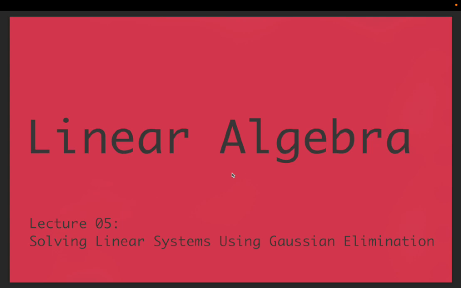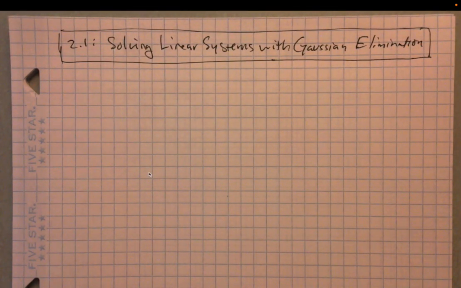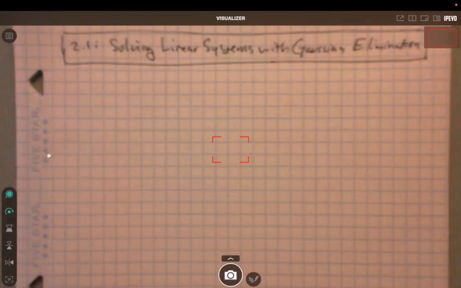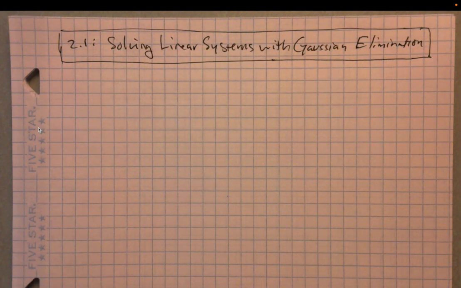And in this first lecture of the section, we're going to define what we mean by a linear system, and we'll take a look at the introductory approach to solving a linear system, and that would be Gaussian elimination. Okay, so let's go ahead and get started. And we'll call this section 2.1, Solving Linear Systems with Gaussian Elimination.